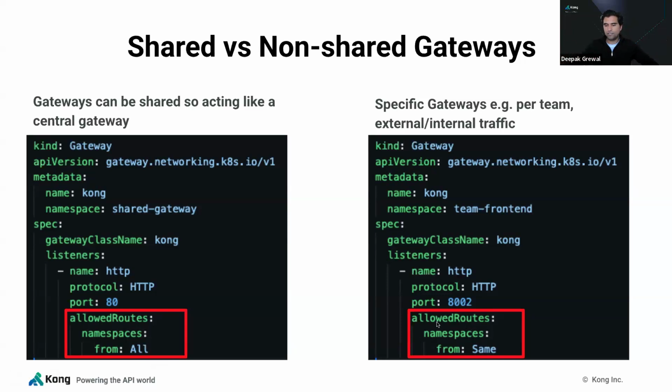And here, then you can scope out which routes it is listening to. So here this is a team-based gateway. So the namespace is team front end. Let's say they've deployed their own gateway, and it's only listening to the routes from that particular namespace.